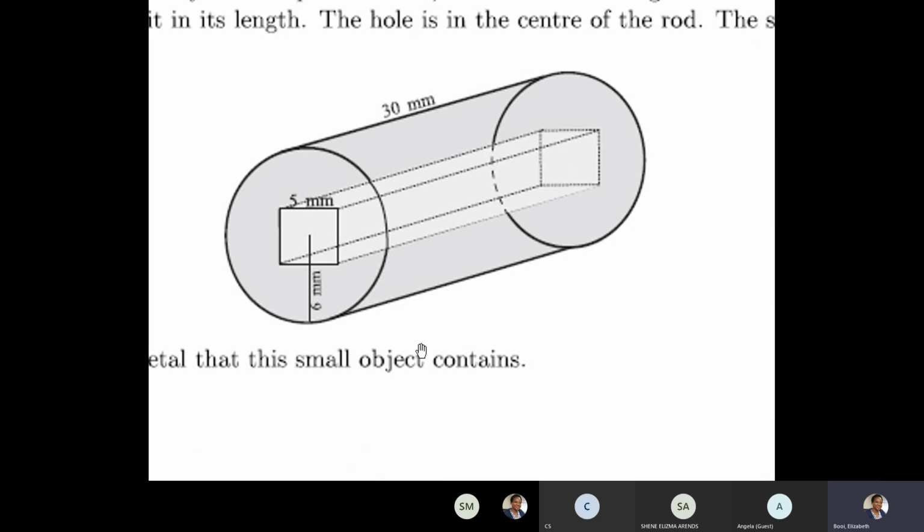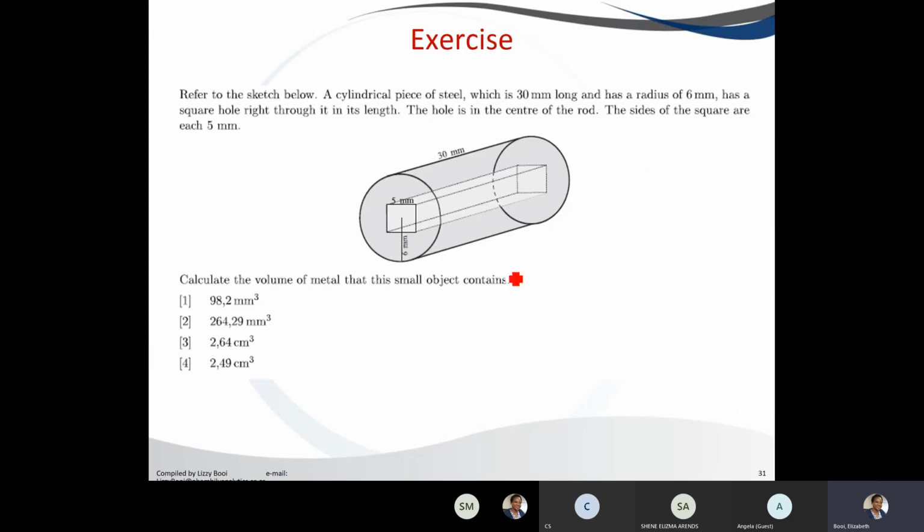If I make it bigger, we refer to this sketch, and it's a cylindrical piece of steel, which is 30 centimeter long and has a radius of 6 millimeters. They gave us the radius of 6 millimeters and has a square hole right through in its length.